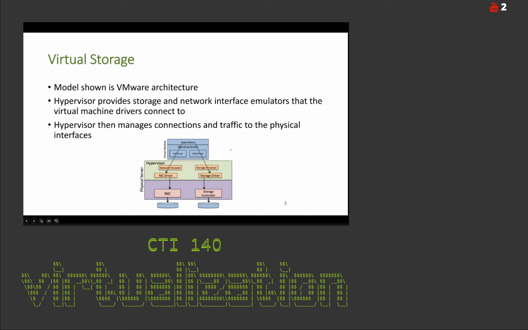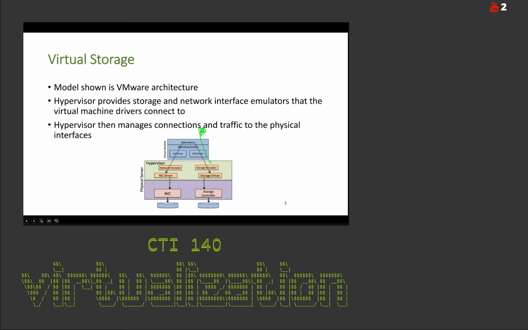So essentially, we're looking on this side of our diagram, and we're following the path down. The application makes a request to the operating system, and through the SCSI driver in the operating system, it's passing information through to the hypervisor.